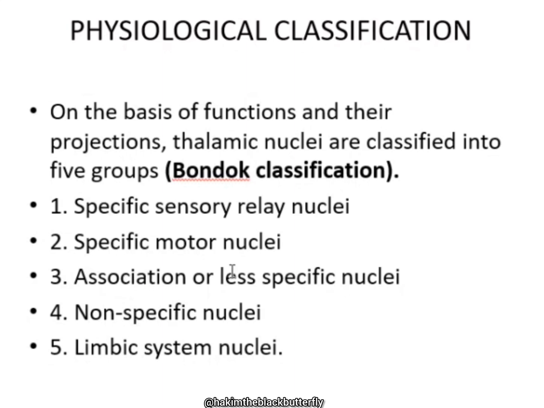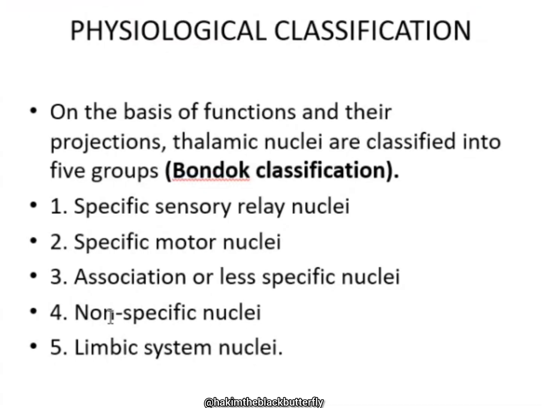Association or less specific nuclei. When we talked about the cerebrum, there are areas we talked about, association areas. So it means that these nuclei receive information which is going to go to the association areas of the cerebrum. You go back and look at those association areas.